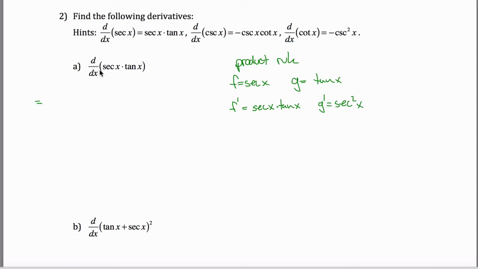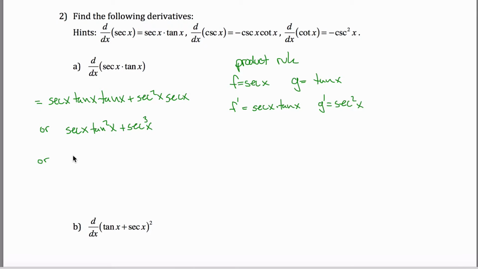So now I take all these pieces and I put them together using the product rule. The product rule says the derivative of f times g is f prime, so secant of x times tangent of x, times g, tangent of x, plus g prime, which is secant squared x, times f, which is secant of x. Maybe I'll write or, because I don't care that you simplify this, secant of x, tangent squared x, plus secant cubed x.